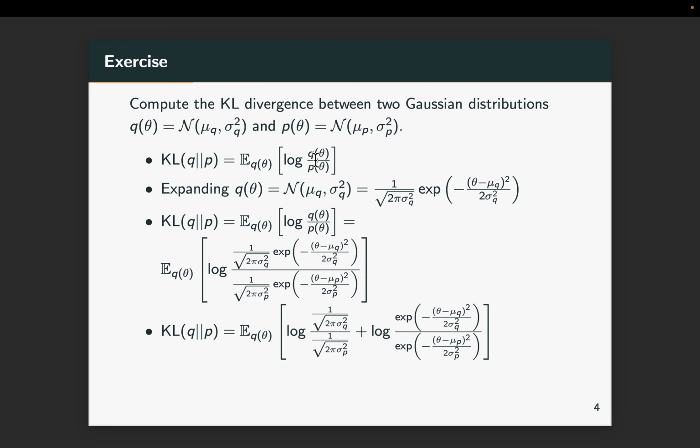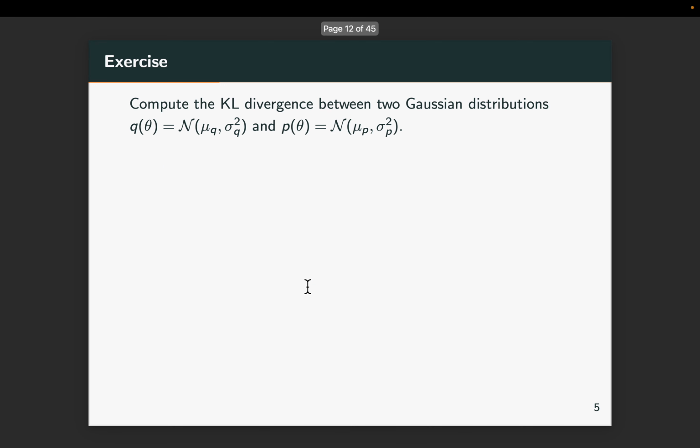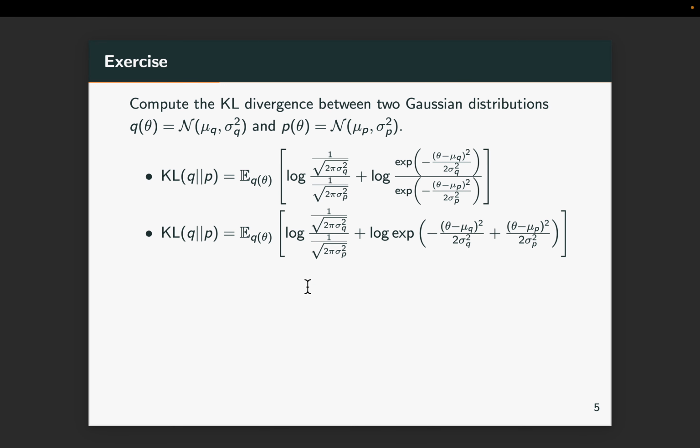I just substitute the value of q theta as the PDF, which is 1 over root 2 pi sigma q square and e to the power minus theta minus mu q over 2 sigma square. So we then expand these terms and I write log of a into b as log of a plus log of b, and log of a divided by b as log a minus log b.